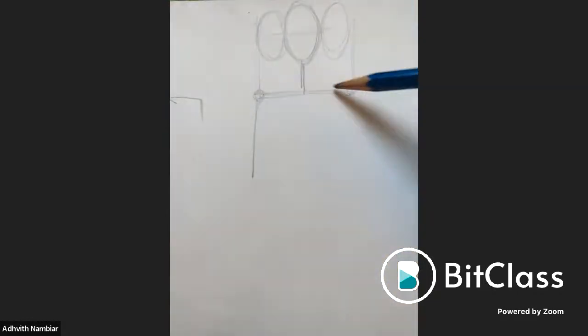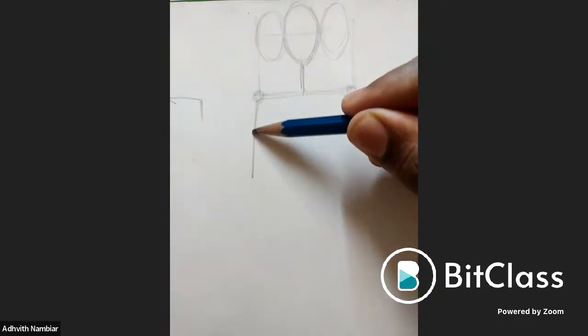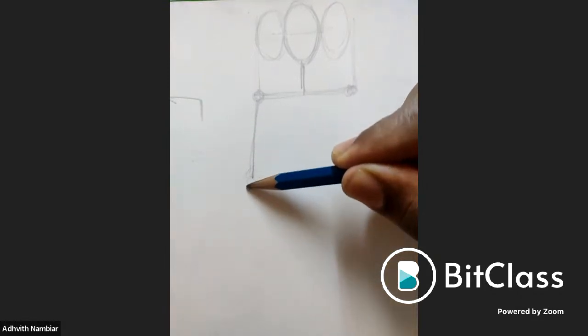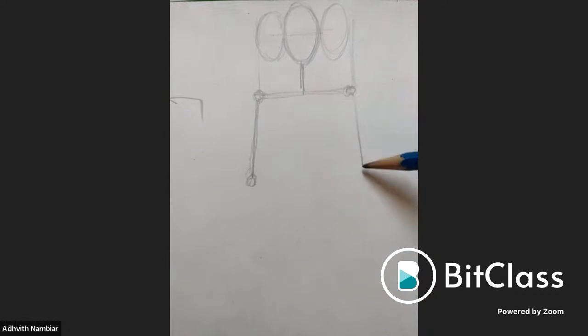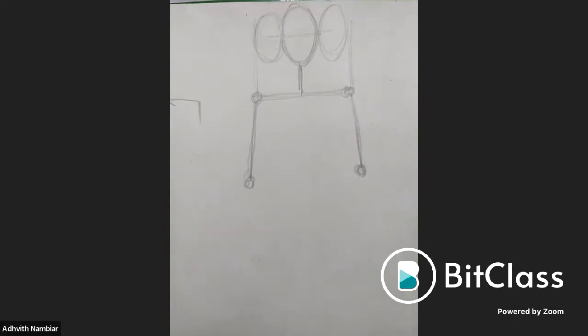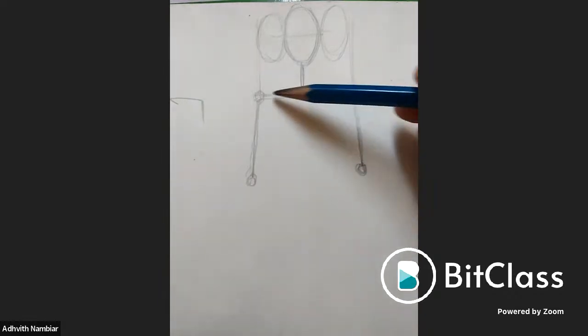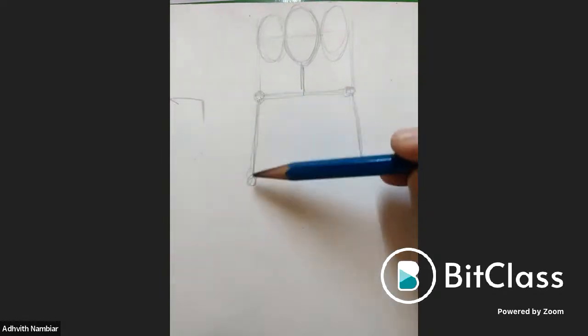You see this length that I'm drawing here, that same length I'm drawing over here. So you guys got that, right? The shoulder width is the same length as the upper arm.